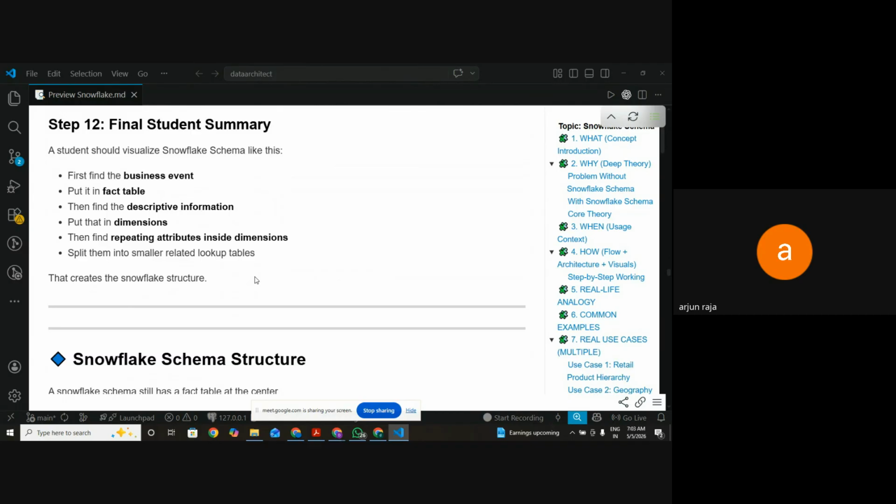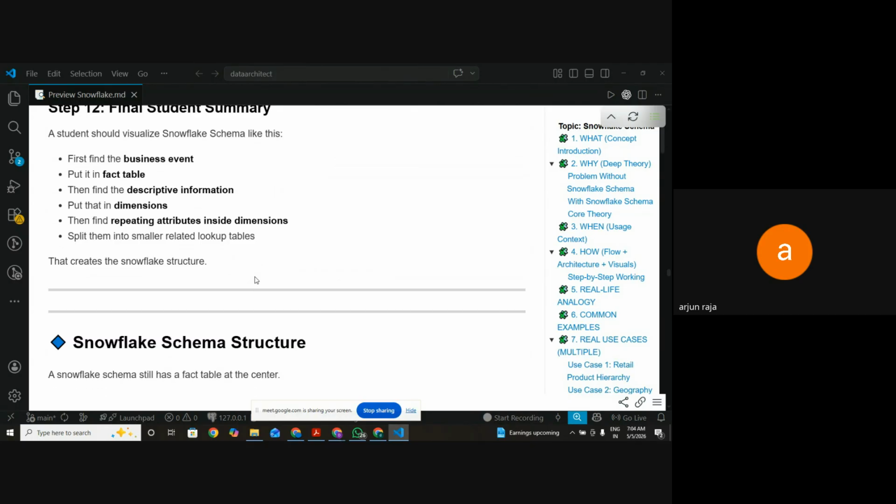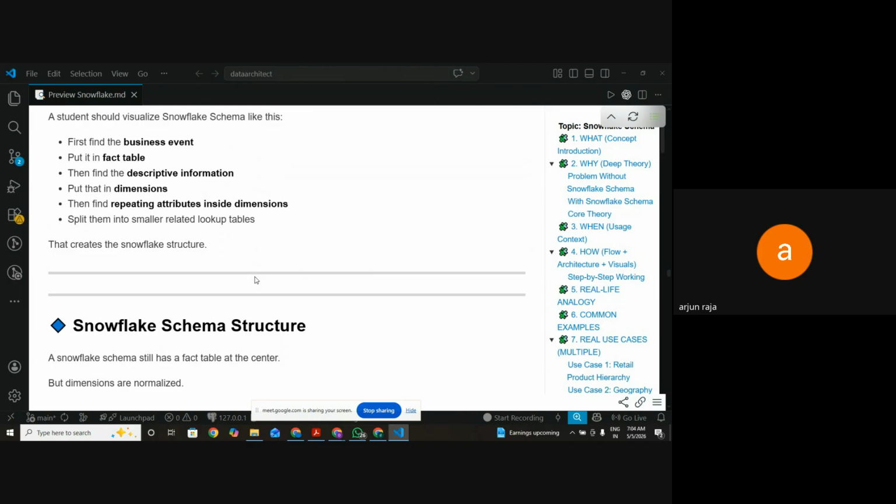We find the descriptive information of them and put them into separate dimensions: customer, department, and product. Then find the repeating attributes inside the dimensions and split them into smaller related lookup tables.